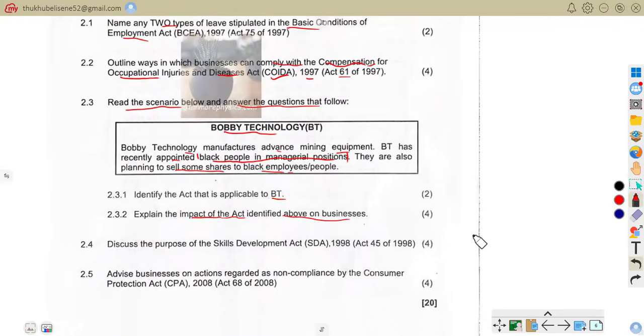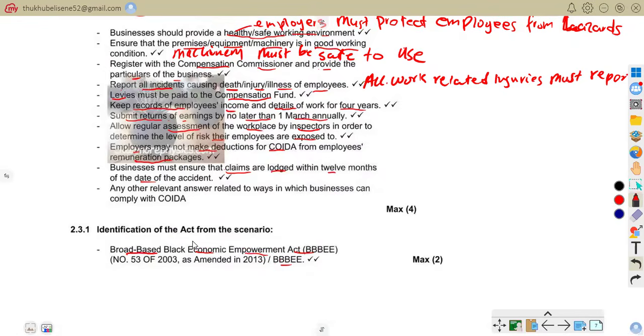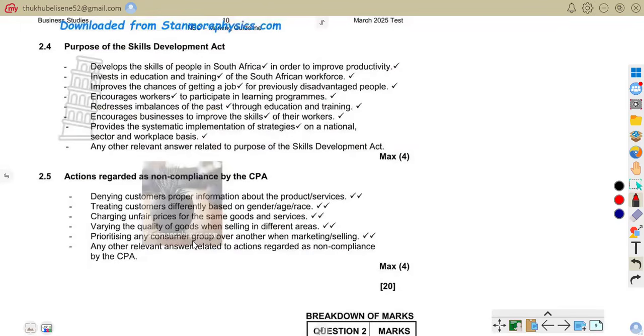So here we are on 2.4. Discuss the purpose of the Skills Development Act, SDA of 1998, Act 45 of 1998. Its purpose is to develop the skills of people in South Africa in order to improve productivity.